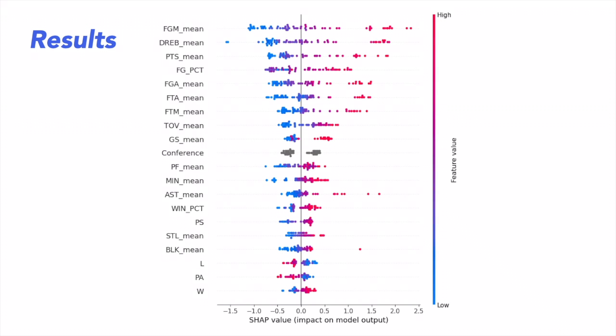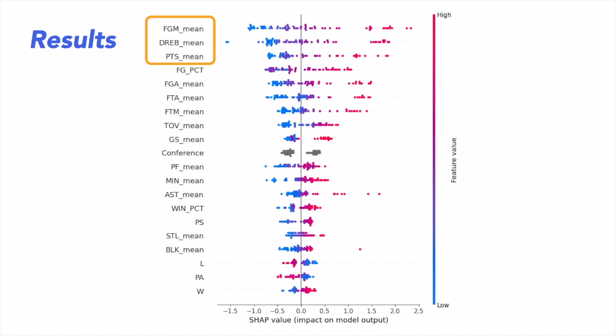Let's look at an example. For the most important feature, FGM mean, aka average of field goal made, if the value is very high, just like this point there, the player's final rating will be pushed up by around 2. On the other hand, if it's low, the rating will drop by around 1 point. The top 3 features are FGM, defensive rebound, and points.